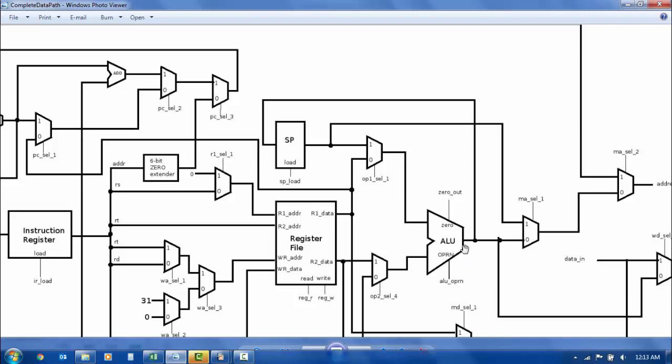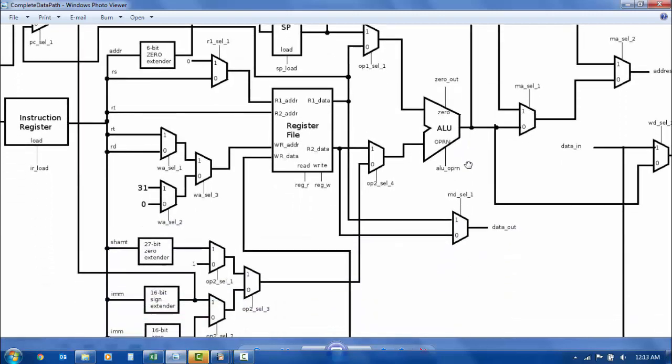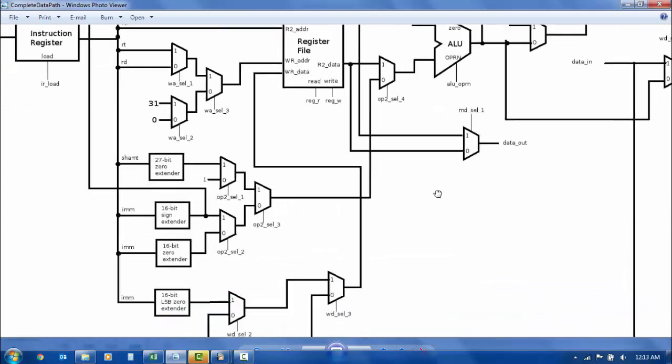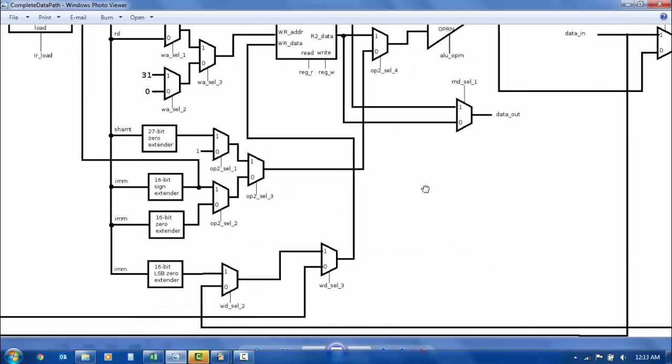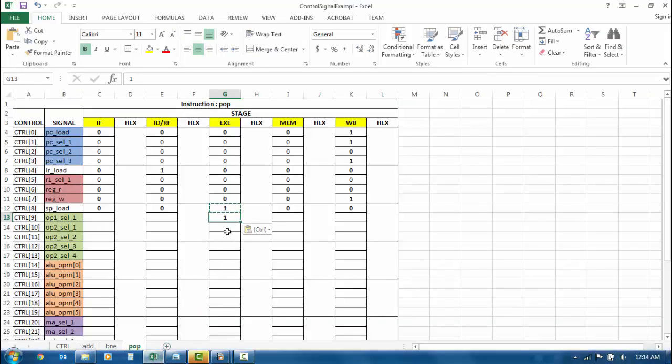And I must select a static 1. Somewhere I had a 1. Here it is, right? OP2 selection 1 must be 0 to make the second operand 1.